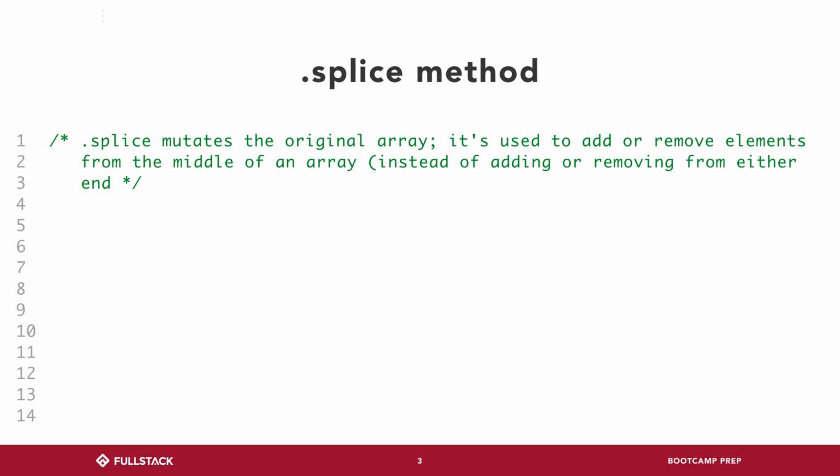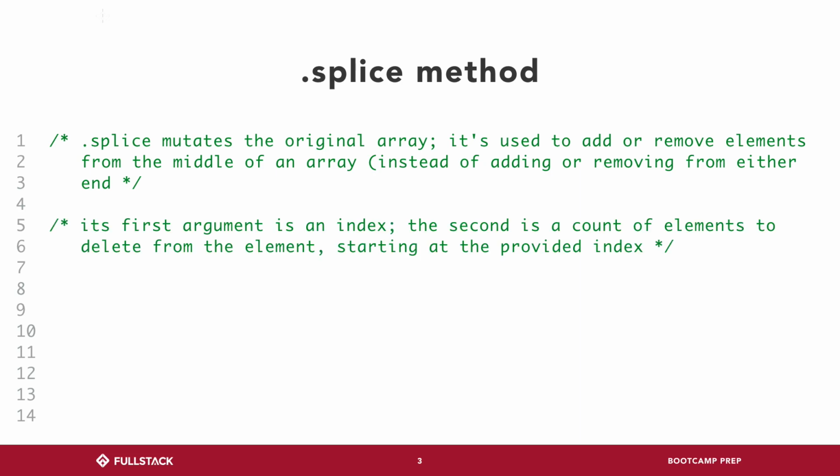Similar to the slice method, you put your start index as the first argument. The second argument is the number of elements that you want to remove. The first one is where you will start, and the second is how many you want to remove.